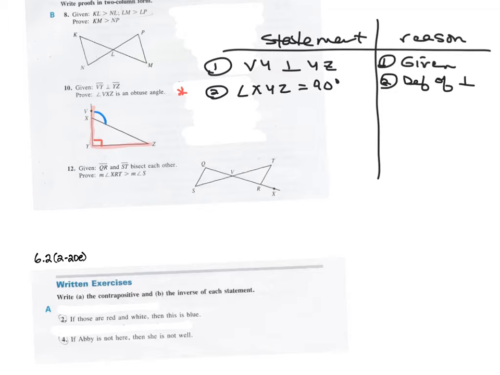So the next thing is that if I were to add to XYZ this other non-adjacent remote interior angle, if I add angle Z, and there's only one angle there, so I can just call it angle Z, I know that this is going to be greater than 90 degrees because I've already established that XYZ equals 90, and as soon as I add another angle to it, I know it's going to be greater than 90 degrees.